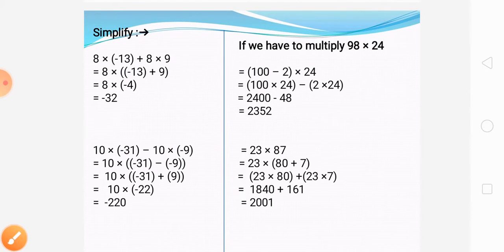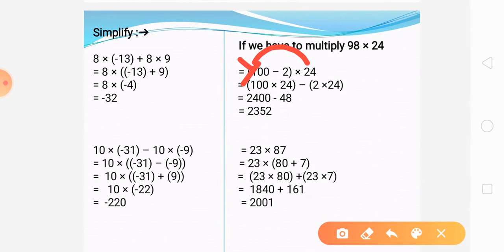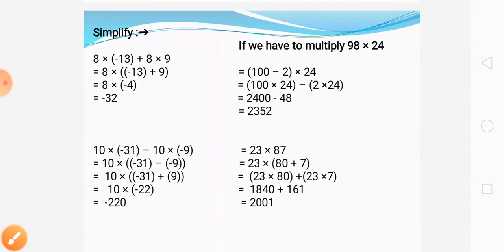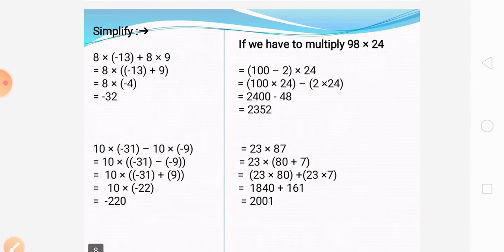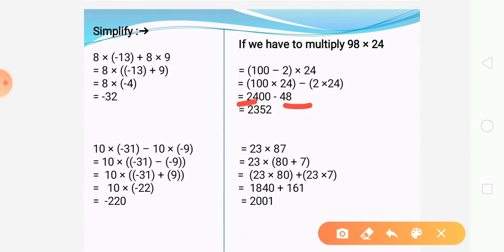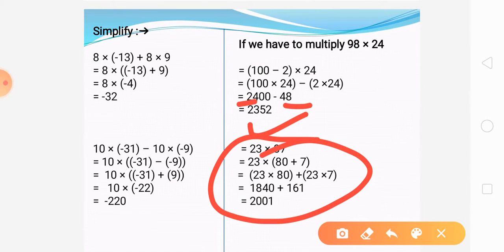So first 24 into 100 and then 2 into 24, with a minus sign. Now find the product of these two. 24 into 100 is 2400, and 24 into 2 is 48, and then subtract these two numbers, we will get the answer. You can see this example by yourself.